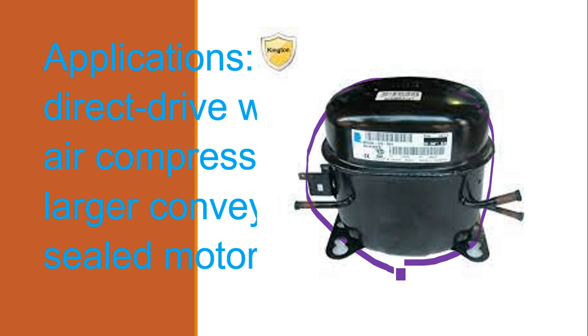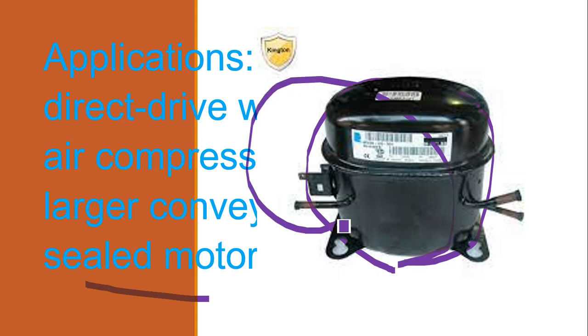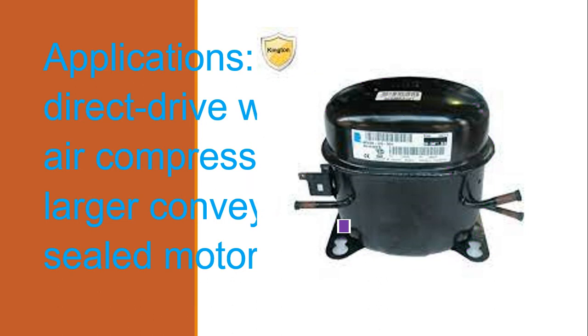So the moisture should not be absorbed by the windings, or it will get damaged. To prevent that, it is sealed. Even in this motor, we can use CSIR. So this motor also is run by CSIR, which has good torque. So these are a few applications of the CSIR motor, and this is about the CSIR induction motor.